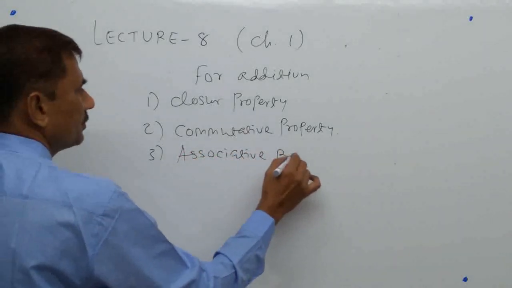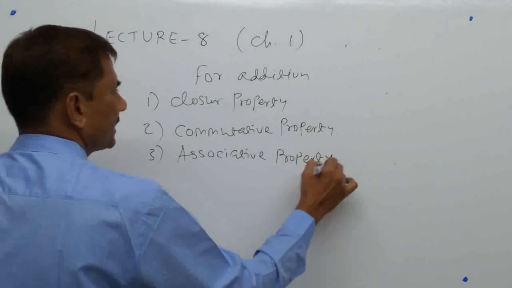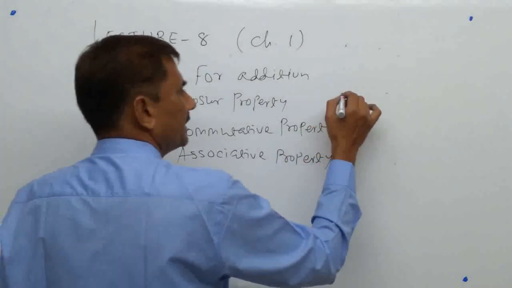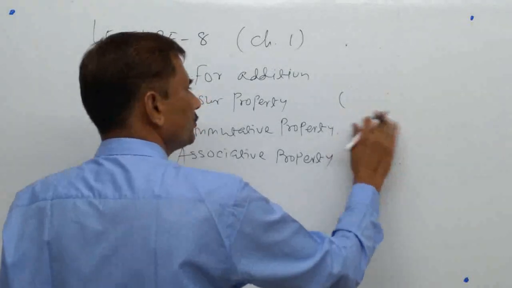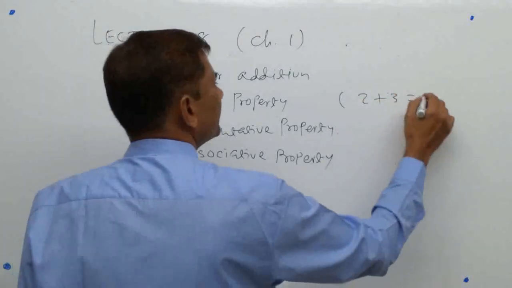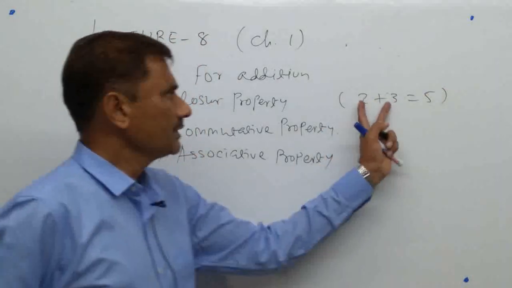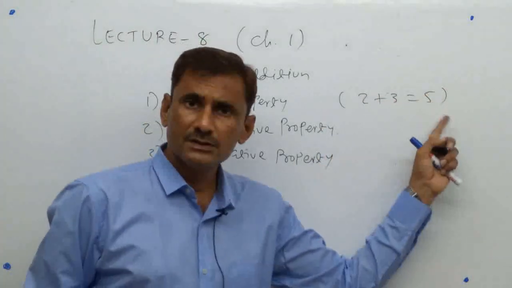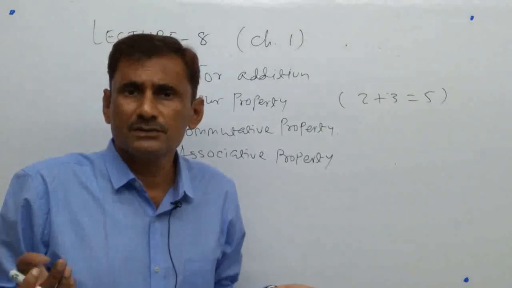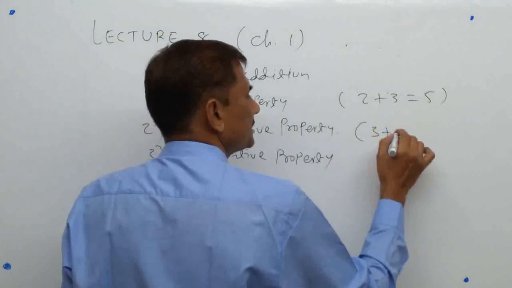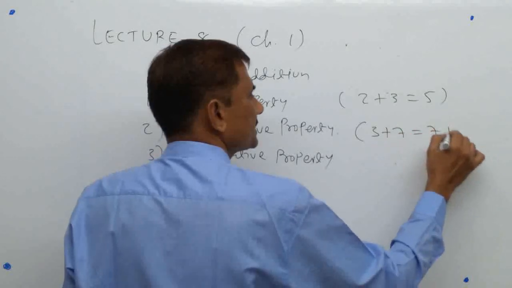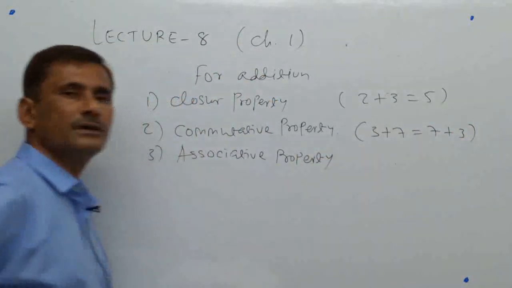Now what is the meaning of these properties? Let me take one example. 2 plus 3 equals 5. So 2 rational numbers are added, we got a rational number. If both are fractions, we can get a fraction also. Commutative property means what? 3 plus 7 equals 7 plus 3. Anyway you can add that.